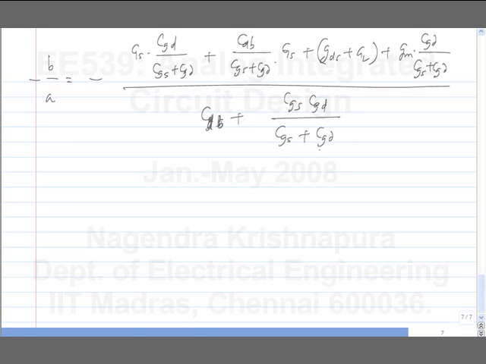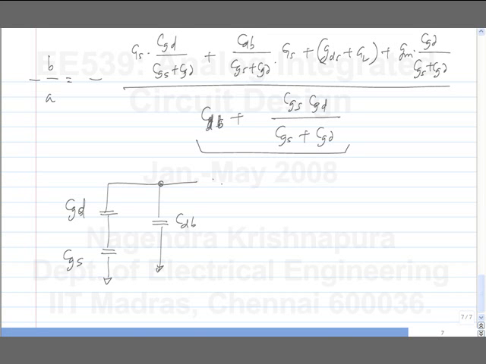Yeah, so the denominator is nothing but CDB plus CGS in series with CGD in series with CGS. Okay. So this is what is the denominator.